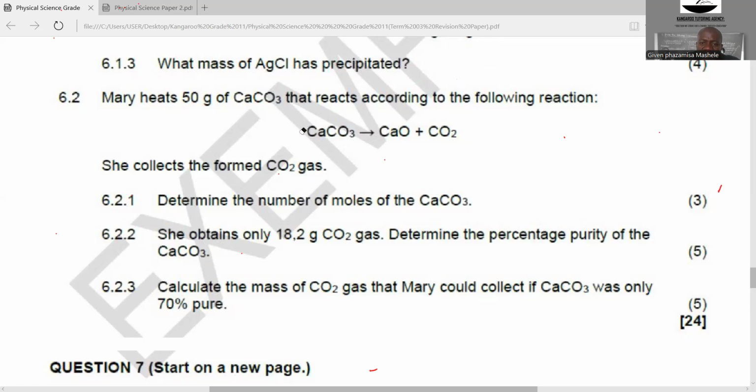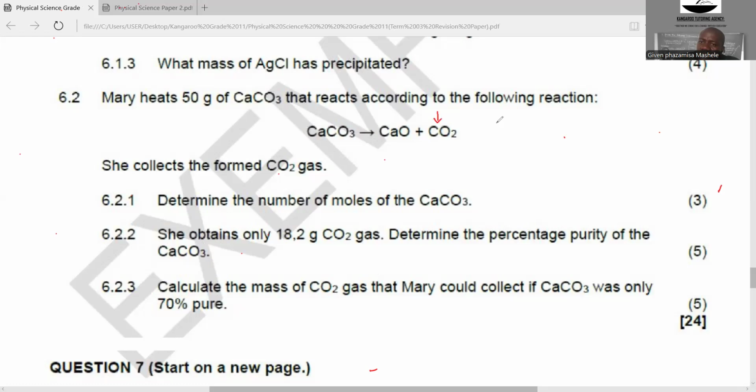So it means now they're just saying, what if we know the percentage of purity? They gave us the percentage to say, what if the percentage of purity was 70%? What would be the mass of this guy?